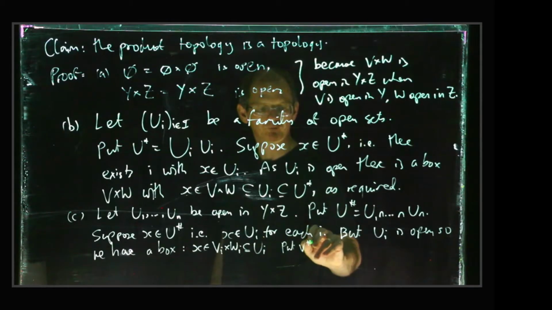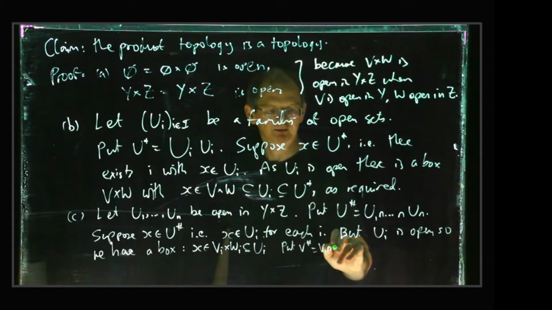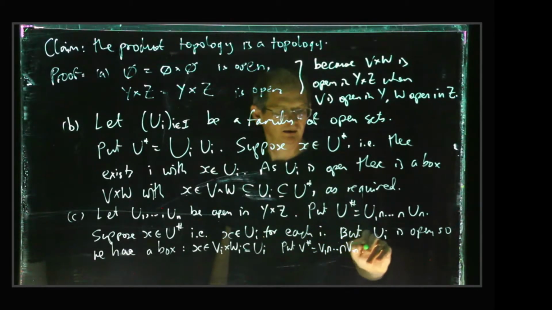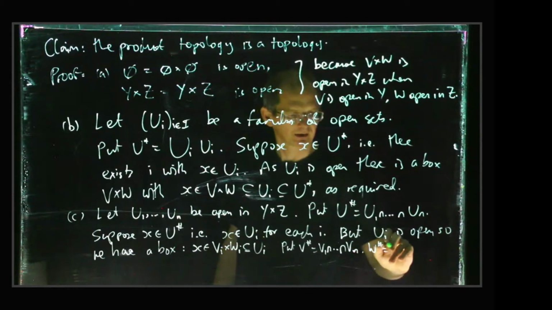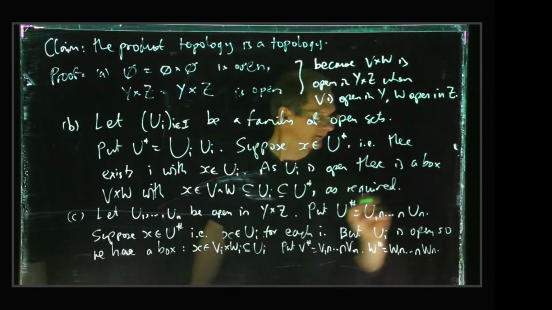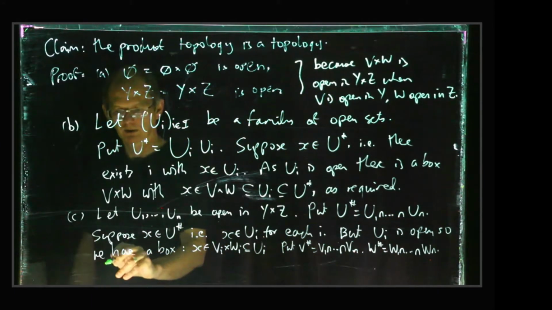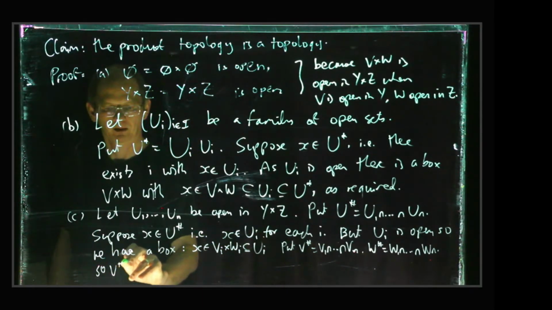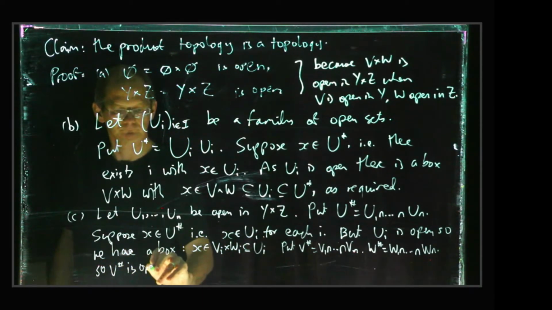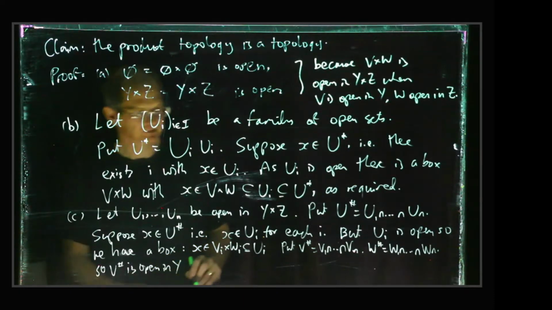And so now we can put V hash is V1 intersect up to Vn, W hash is W1 intersection of all the WIs. So V hash is open in Y, right?